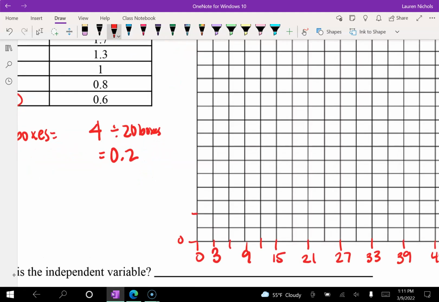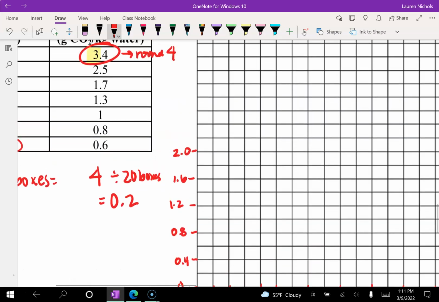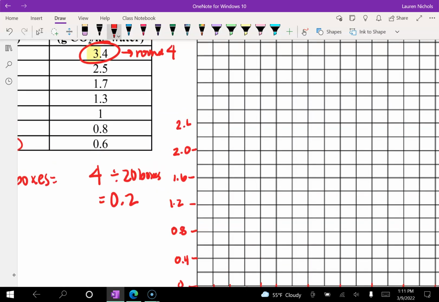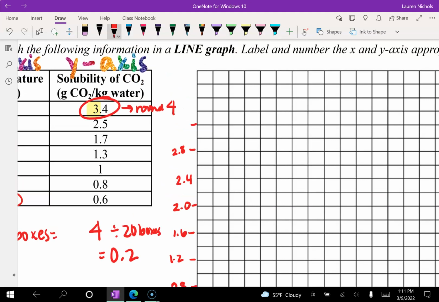So 0, 0.2, 0.4, 0.6, 0.8, 1, 1.2, 1.4, 1.6, 1.8, 2.0. Okay, 2.2, 2.4, 2.6, 2.8, 3, 3.2, 3.4, 3.6, 3.8, 4.0.